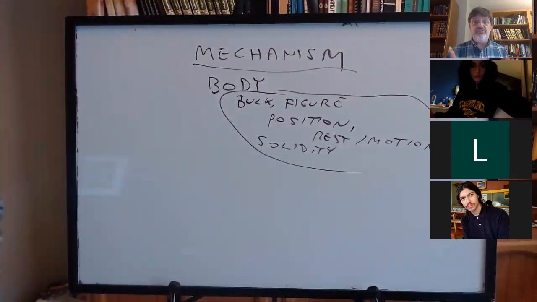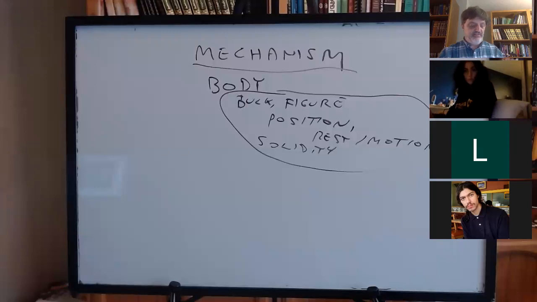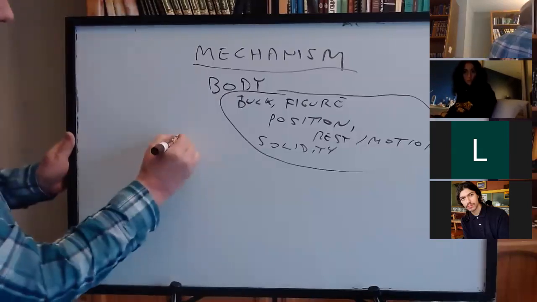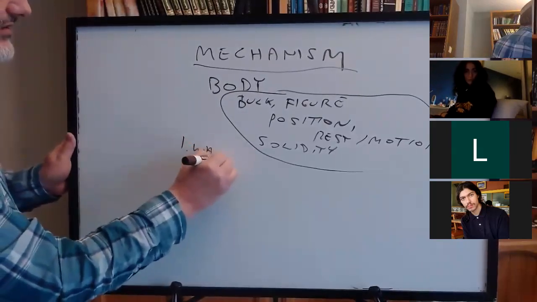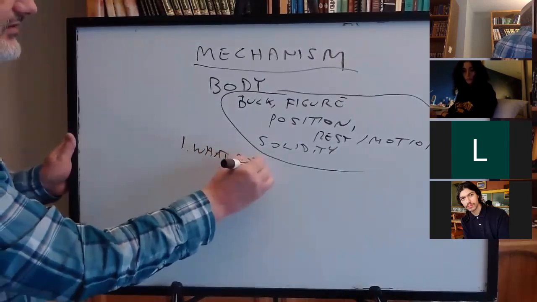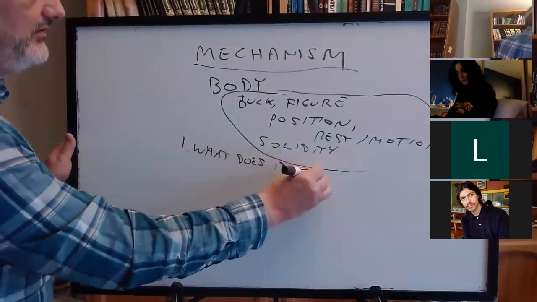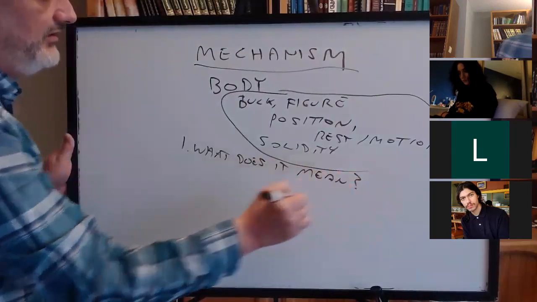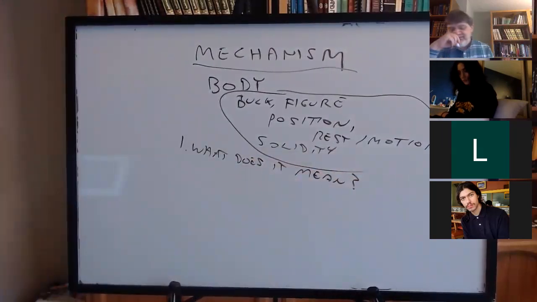However, there are two questions raised by this definition of mechanism. One is, what does it mean? And what do I mean by what does it mean? In what sense are these properties really in the bodies, and in what sense are the other properties really or only in us? So that's one question.